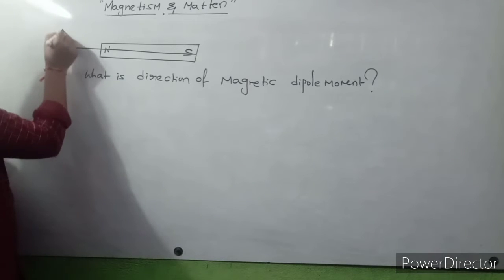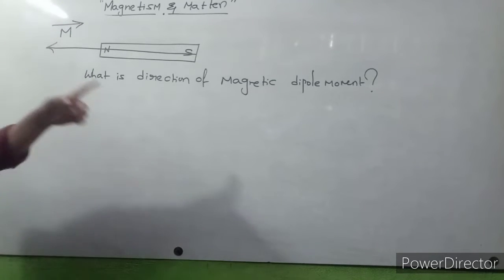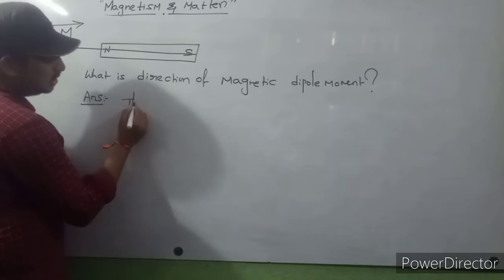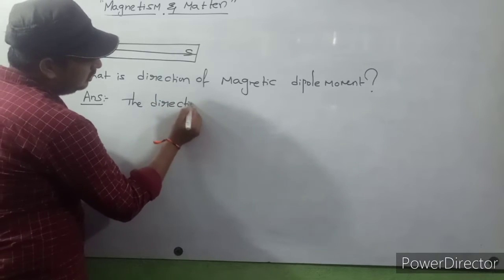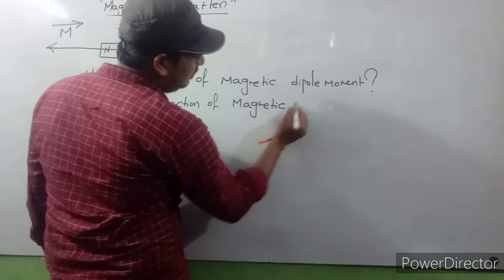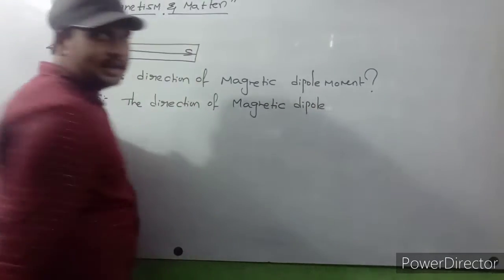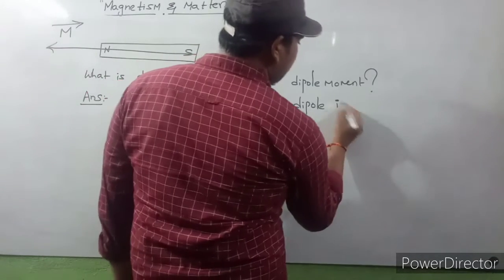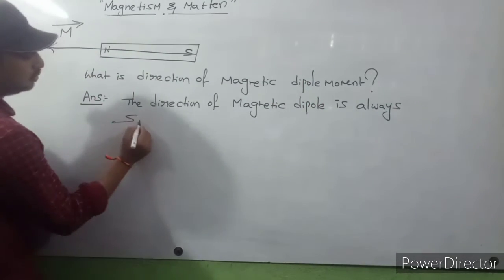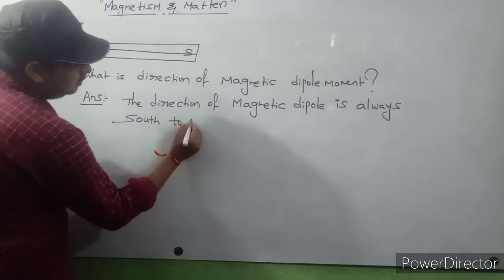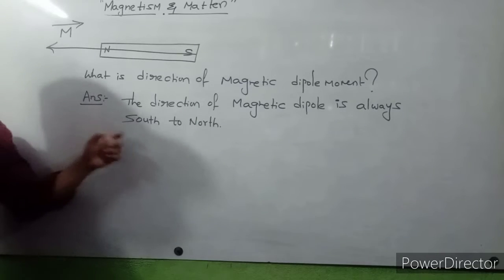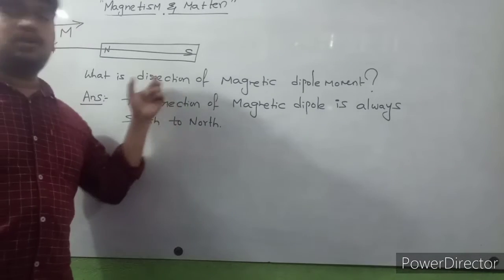The direction of dipole moment is always south pole to north pole. So this is the answer.